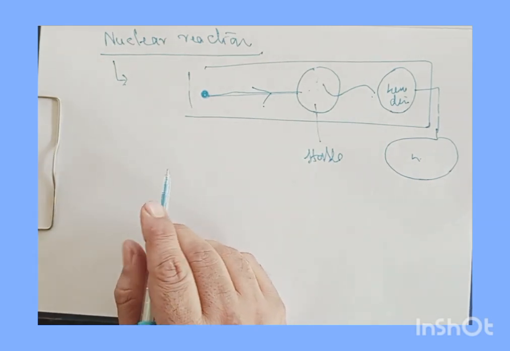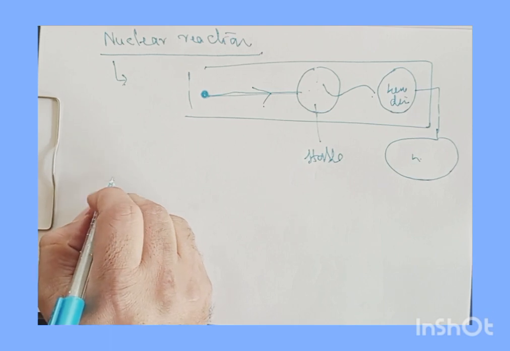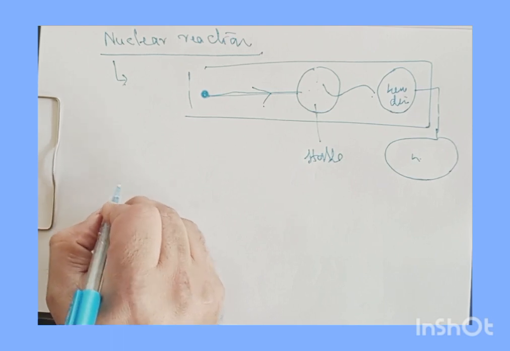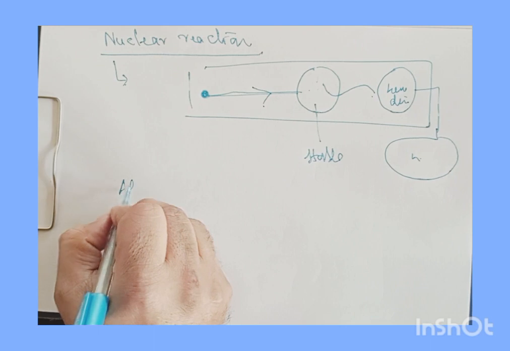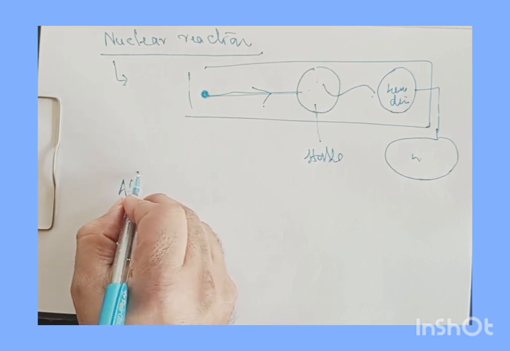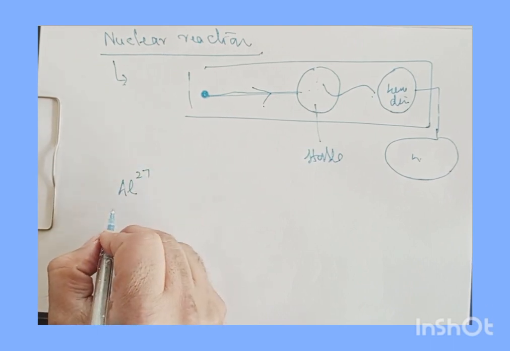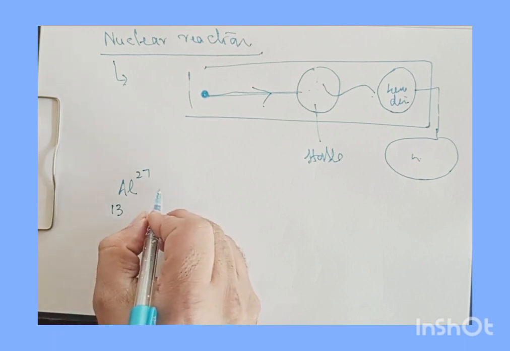And if I take an example of a nuclear reaction, suppose I take the target element, aluminum, and its mass number is 27 and its atomic number is 13.